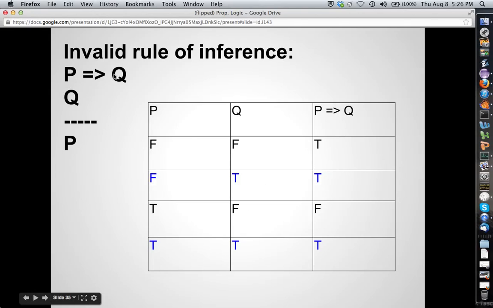P implies Q is true, and Q is true here, so the premises are true, but the conclusion's not true. So for an argument to be valid, every interpretation that makes both of the premises true must also make the conclusion true. This one example here does not make the conclusion true, so that one example there screws the whole thing up. This is not a valid rule of inference. This is an invalid rule of inference.